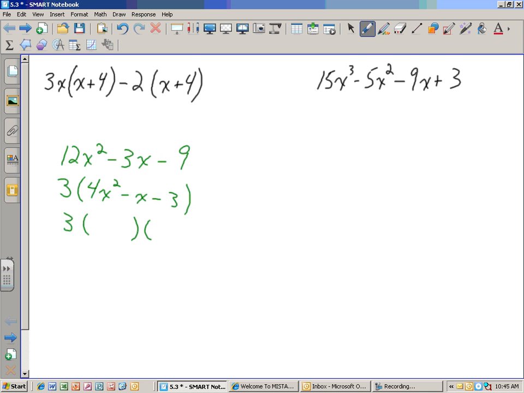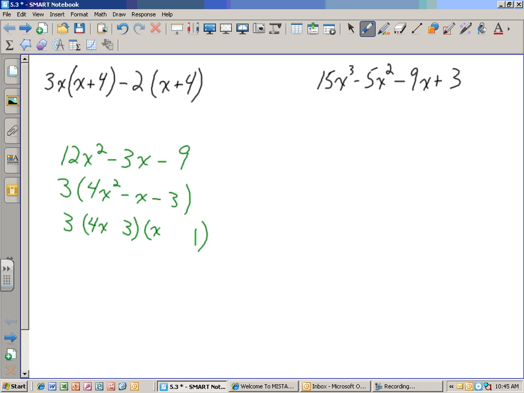The next thing we do, we're going to use our guess and check method. For 3, it's going to have to be 3 and 1. It's the only two numbers multiplied together to give you 3. For the first term, 4, I could have 2x and 2x, or I could have 4x and 1x. The more you do, the better you get at it.